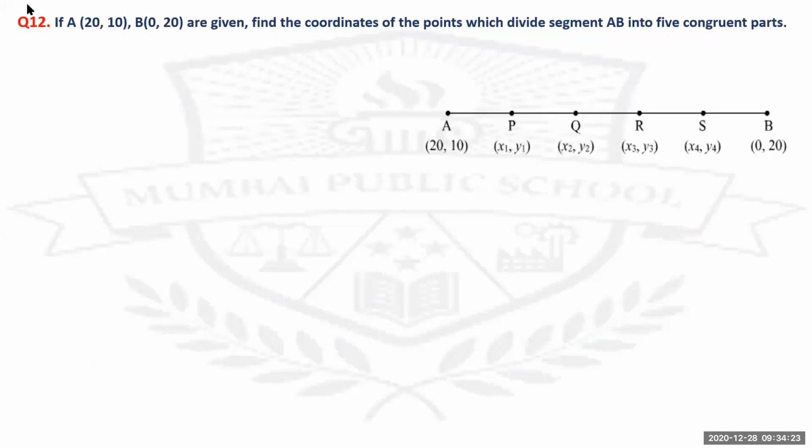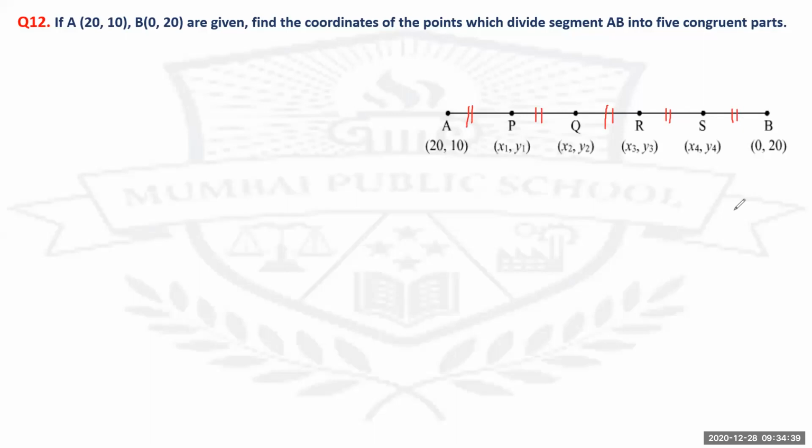So that means all these values are going to be equal: AP equals PQ equals QR equals RS equals SB. Is this clear?